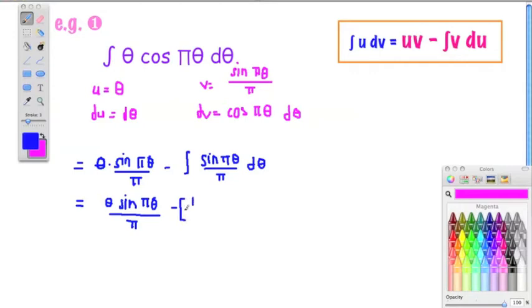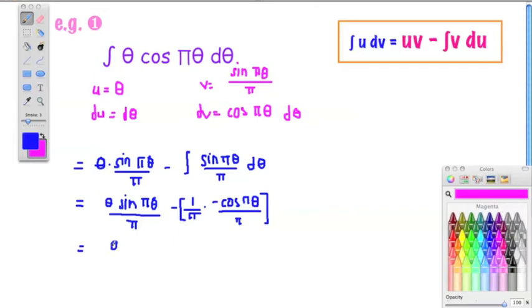Then we move up 1 over pi and times the integration of sin pi theta d theta. We will get negative cos pi theta. Not to forget, we divide by the differentiation of pi theta, which is pi. And then we continue.